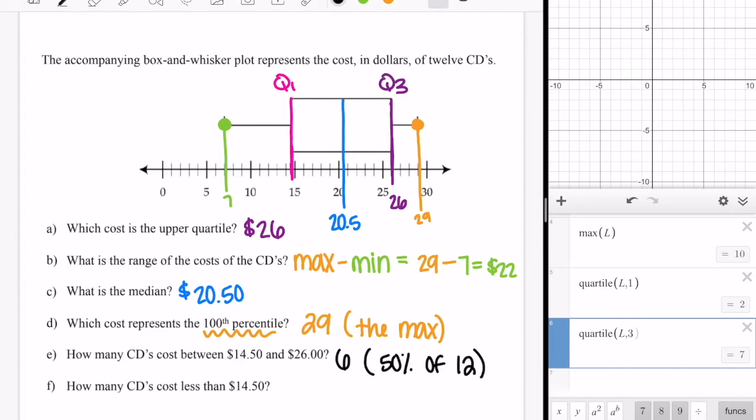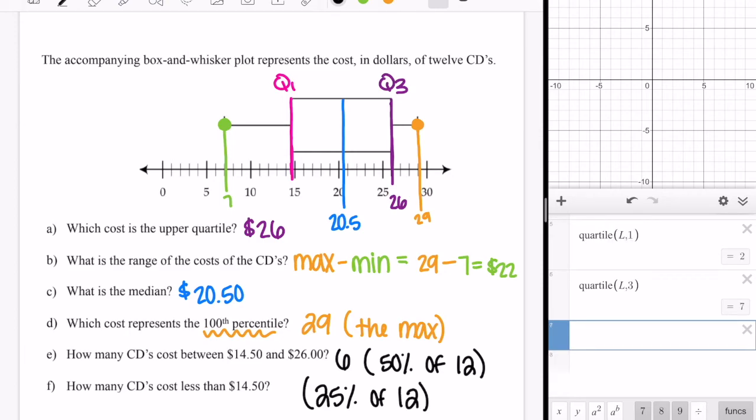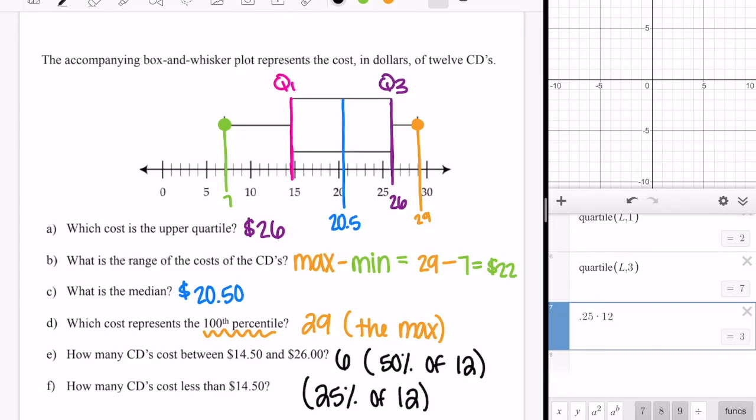So what's 25% of 12? Well, if you are having a hard time doing that in your head, then we're doing 0.25, because that's 25%, times 12, which is 3.